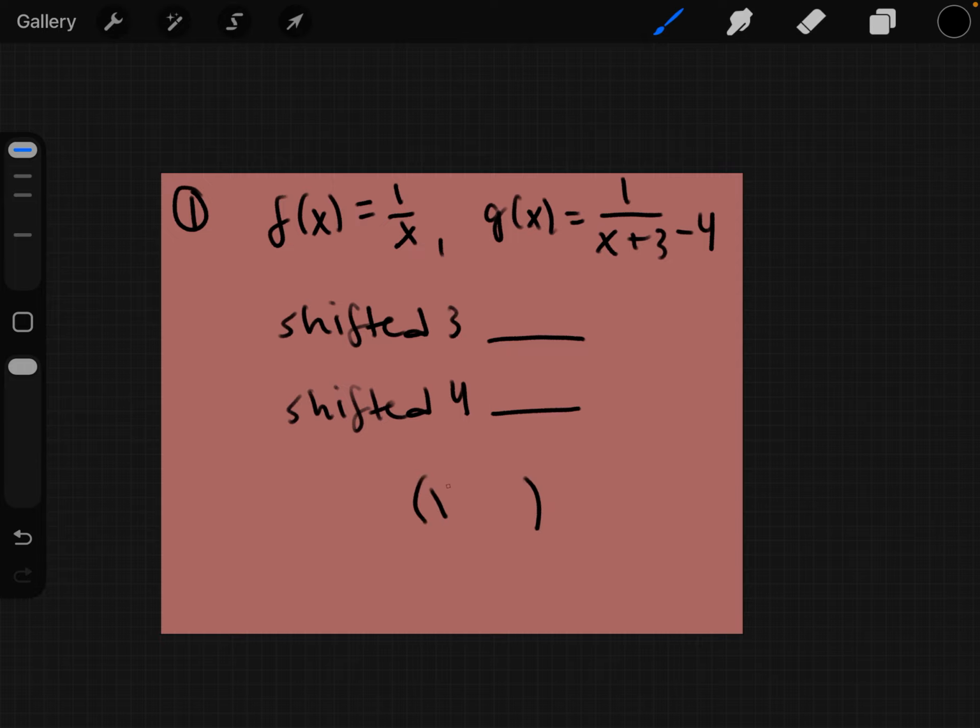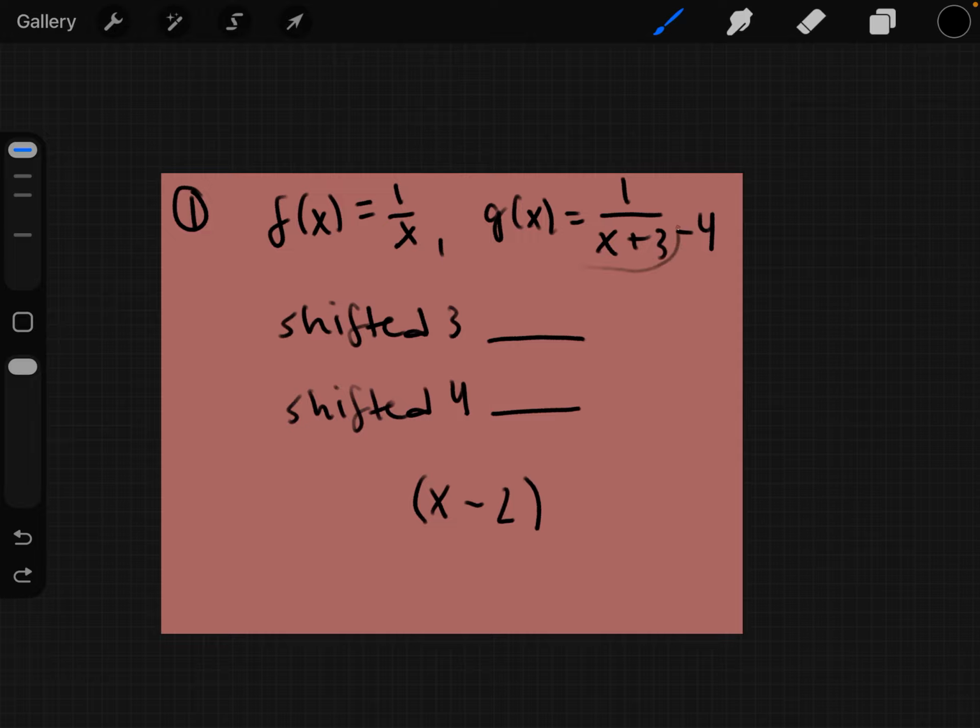Remember I told you if you have something in the parentheses, it looks like the opposite of whatever it is. It should do the opposite of what it says, so if there's a negative in there, it's not going to go this way, it's actually going to go this way.